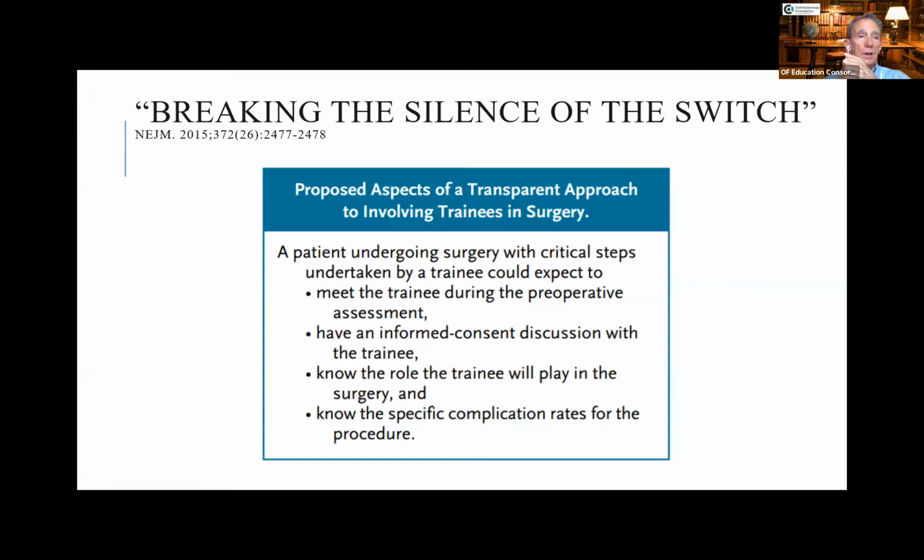And these are the recommendations made there: the patient should meet the trainee during the operative process, have an informed consent discussion with the trainee, know the role the trainee will play in the surgery, and know the specific complication rates for the procedure.